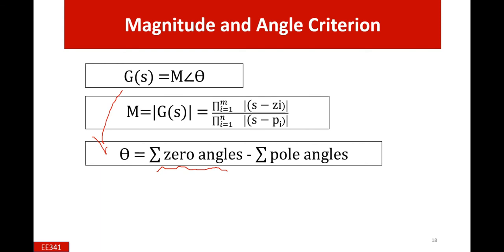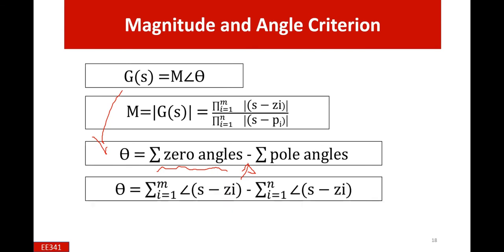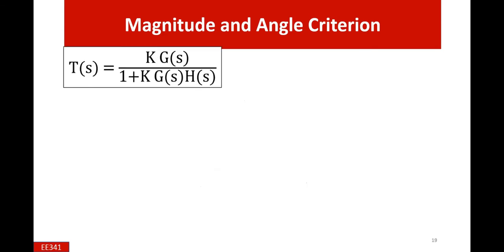Similarly in the denominator part, these are related to the angle of the zeros and the angle of the poles. For the denominator part, if we take it in the form of a numerator, then we take the negative value. This mathematics you have already done in many courses, and this is the mathematical form to represent the angle of this complex function.